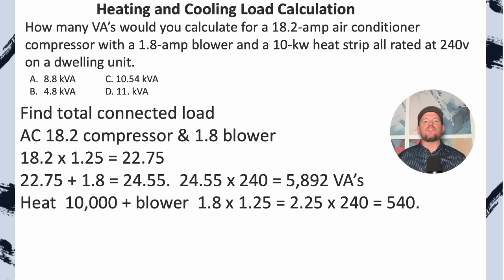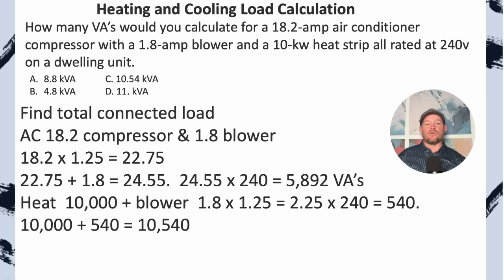Now, let's calculate the heat. For our heat, we're going to do a similar process. We take our 10,000 VAs right off the rip, and then if we're really following this code to the letter, because we're treating these loads separate, we would also take the largest motor in this scenario, which is 1.8 amps. We would multiply it by 1.25, and that gives us a total of 2.25. We multiply that by the voltage to convert it over to VAs, and we end up with 540.